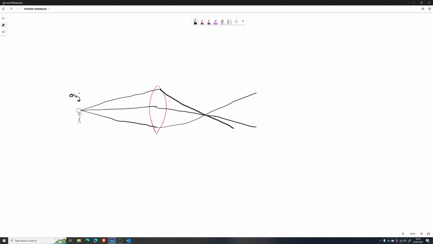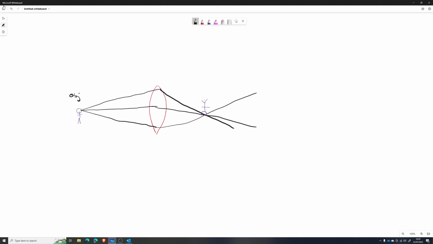If I repeated the process for every point on this object, if I did the same again for this point on the person's toe, I would find that all of those rays end up crossing at this point. And in that way, the image is formed. So the image in this case would be inverted. It would be an upside down little dude. And there is the image.